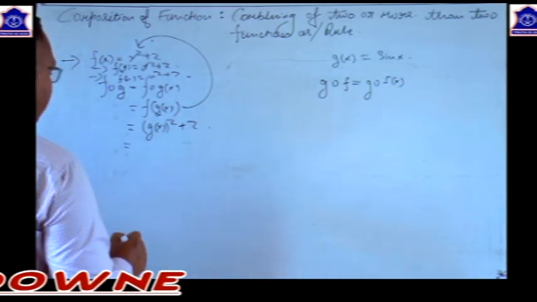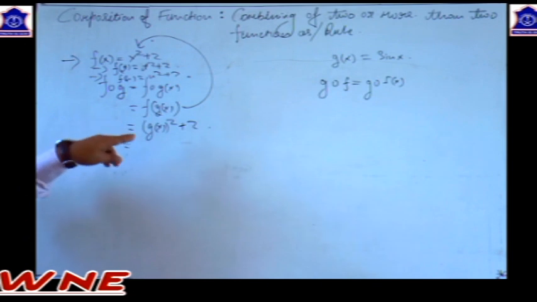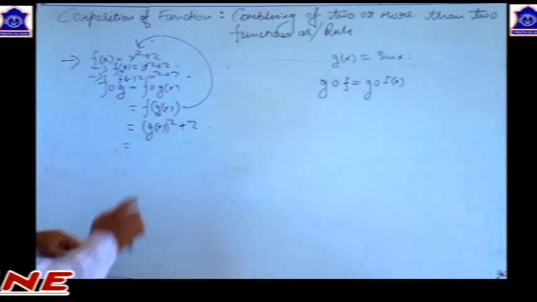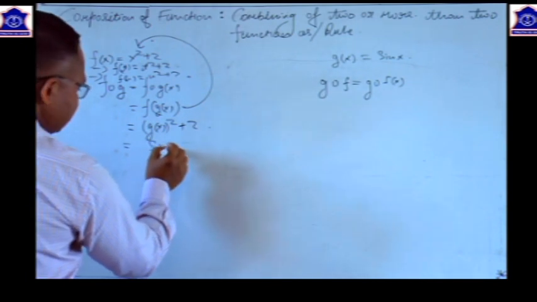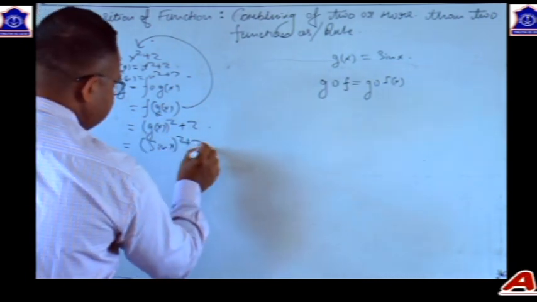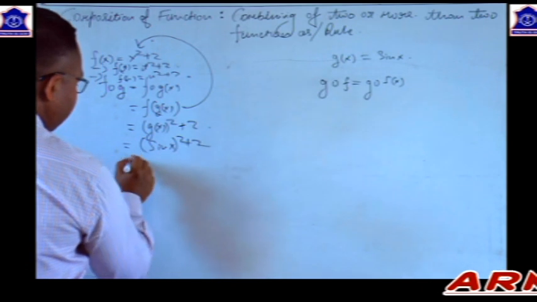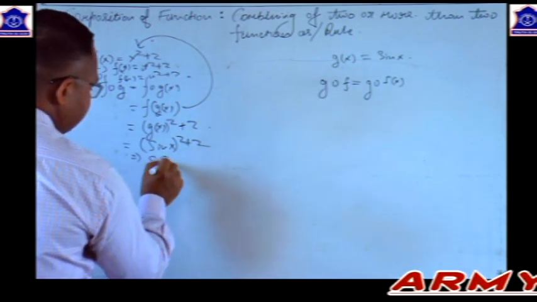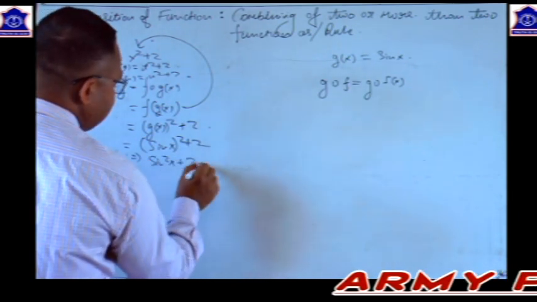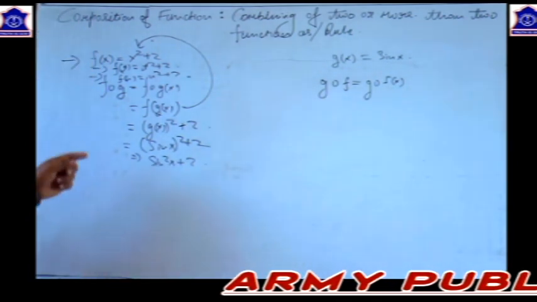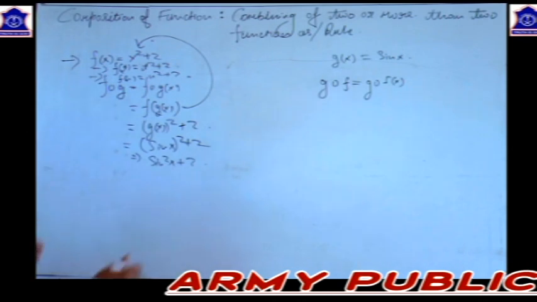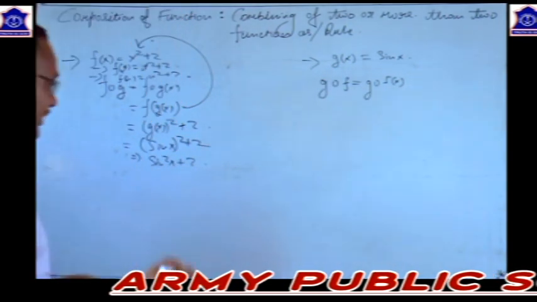Then how is the function g(x) defined? g(x) is sin x, so it will be sin x का square plus 2, implies that you will get sin square x plus 2. So in this way you have combined two functions, that is f(x) and another function g(x).